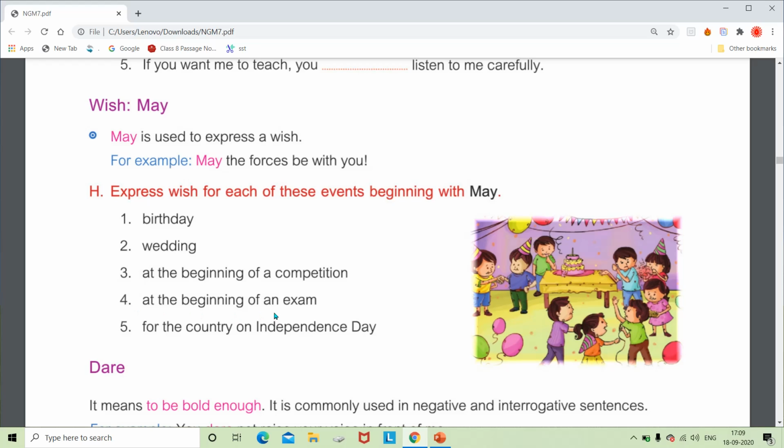Fourth one is at the beginning of an exam. What do we say? Generally we say: may you do well in the exam! May you pass with flying colors! And the last one is for the country on Independence Day.